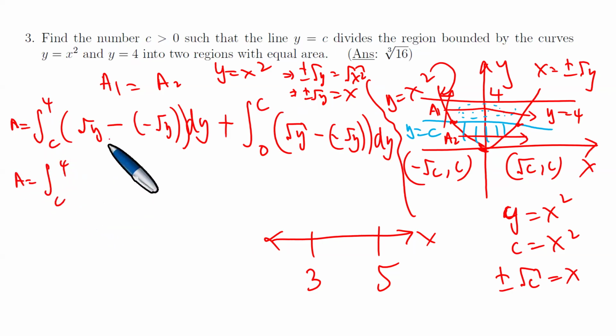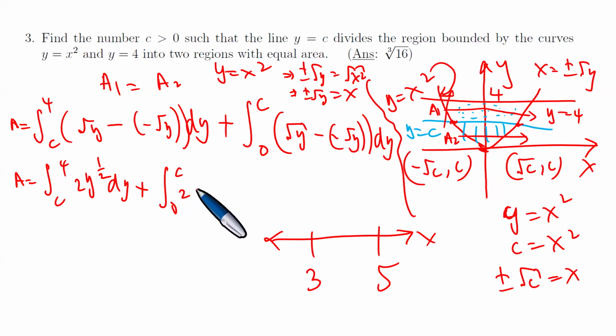So it's going to be from c to 4, the square root of y plus the square root of y, which is 2 times y to the 1/2 dy, plus the integral from 0 to c of 2 times y to the 1/2 dy.